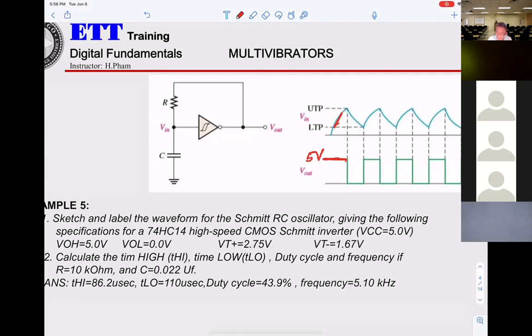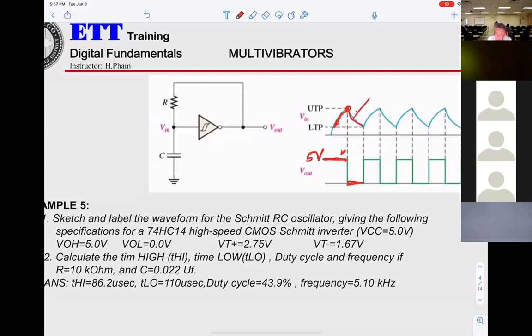Now, when the input gets high in here, the output goes low, and the capacitor will be discharging.